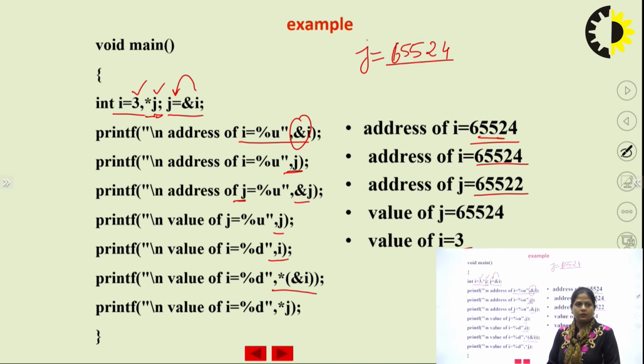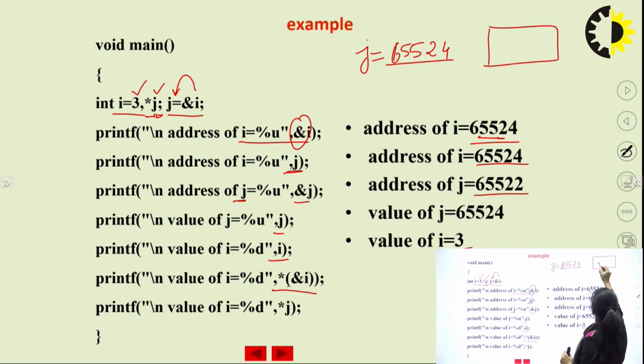Now, suppose I try to display the value at address of I. What is the address of I? It is 65524, for example.